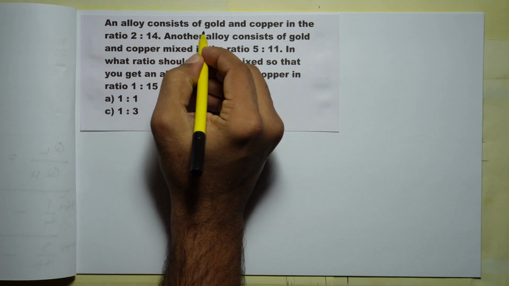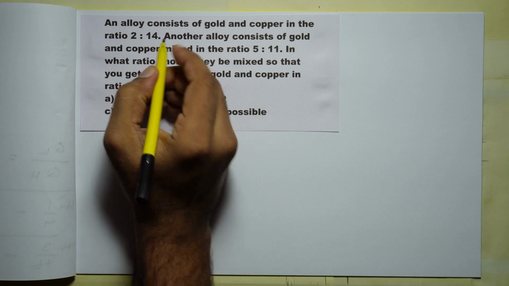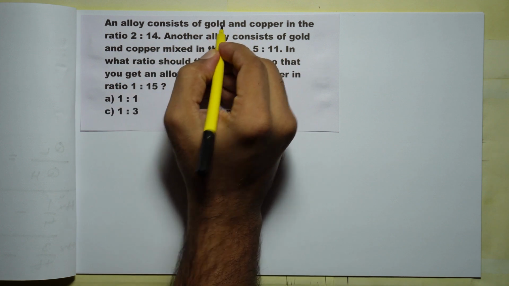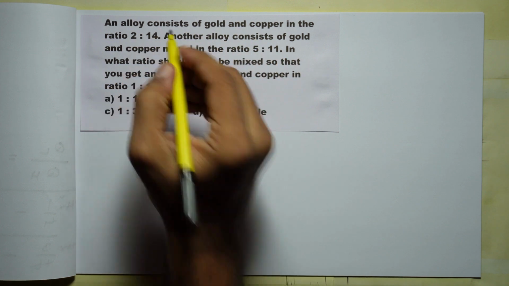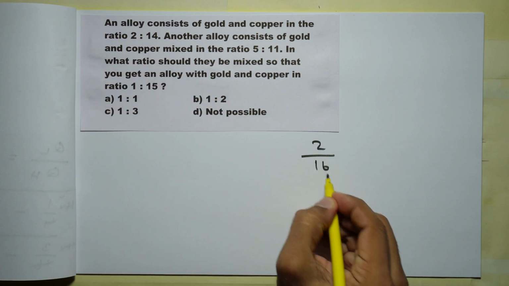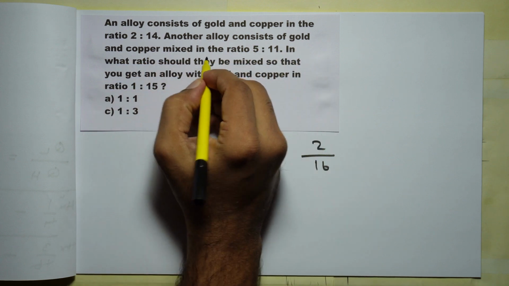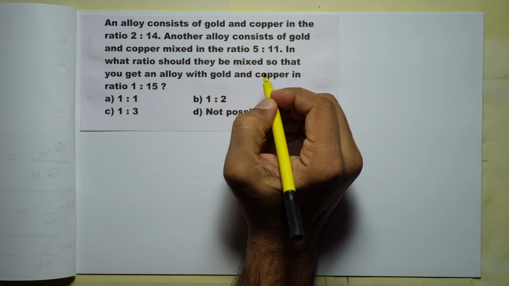An alloy consists of gold and copper in the ratio 2:14. So first we'll find the concentration of gold in that alloy. So concentration will be 2 out of a total of 2 plus 14, 16. Another alloy consists of gold and copper mixed in the ratio 5:11.